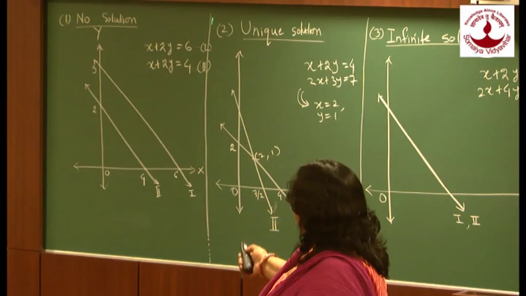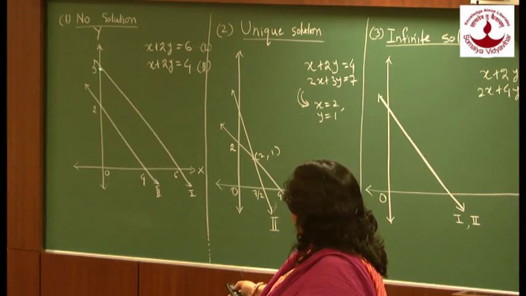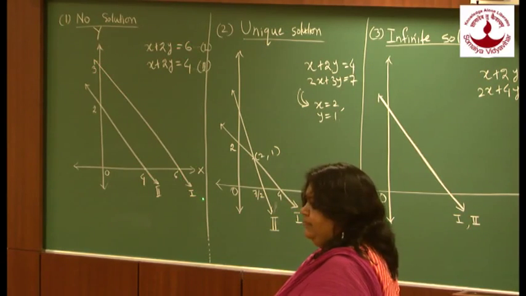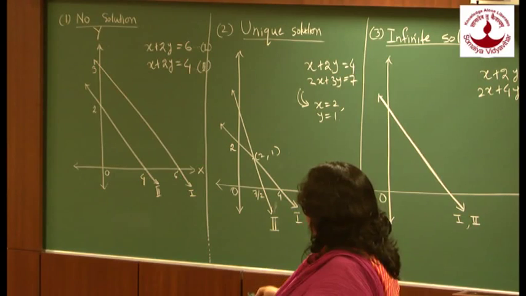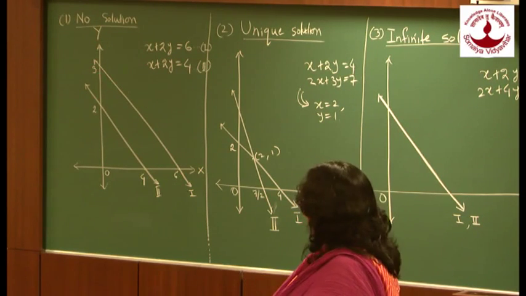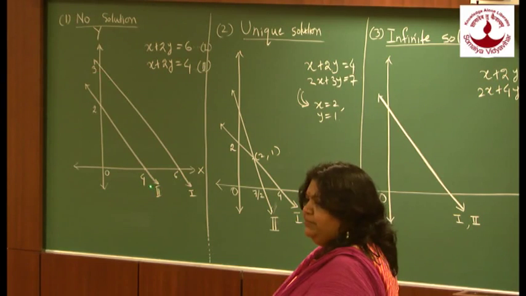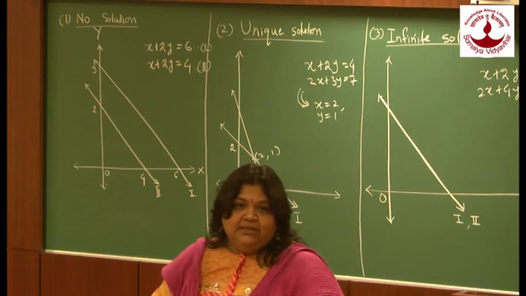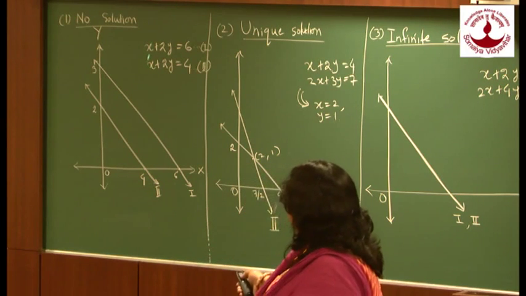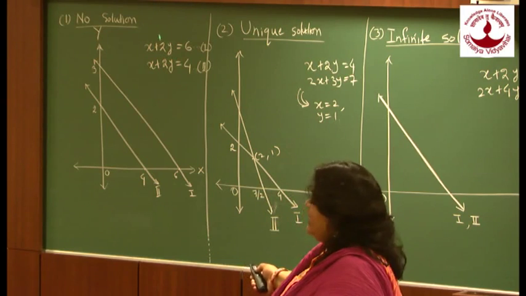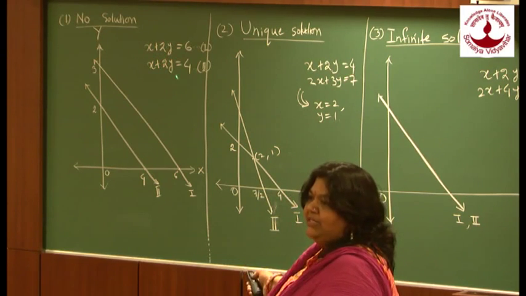You can see the first equation I plotted here as this line, marked as 1. It will have intercept 6 on the x-axis, 3 on the y-axis. Similarly, the second line is plotted here. Actually, if you see, they are nothing but parallel lines. Their slope is the same. Correct? The slope is the same for both lines. So they represent parallel lines.